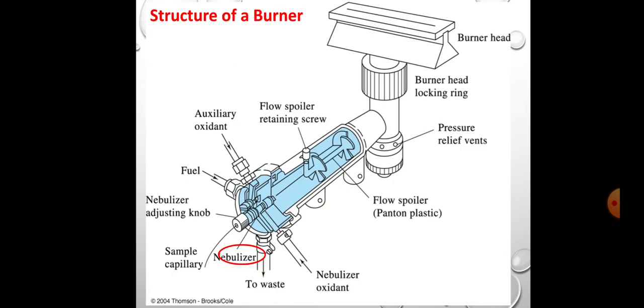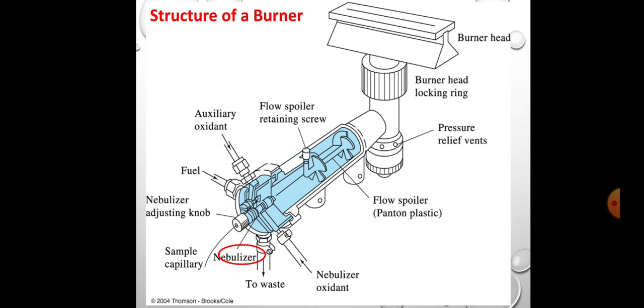Here you can see the structure of a burner. In the first part of the burner we have the nebulizer. The nebulizer will introduce the sample droplets into the burner, and in the burner we also introduce a fuel and an oxidant, and then they will be mixed with each other.